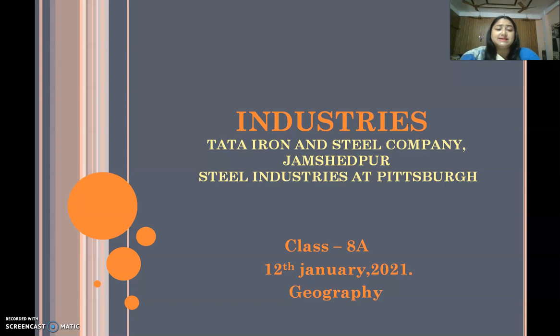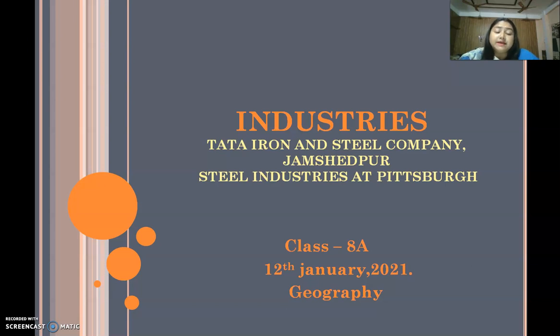Now, what about steel? What is steel? Steel is a tough and easily shapeable metal. There are many alloys which can be mixed with steel, and it can give us other things, for example, special alloys.